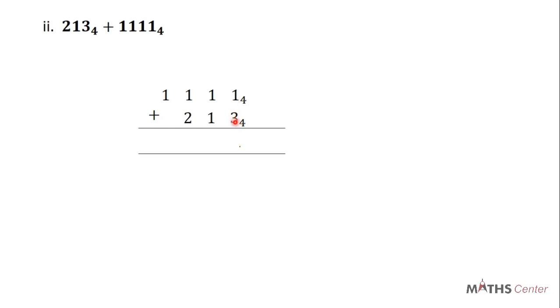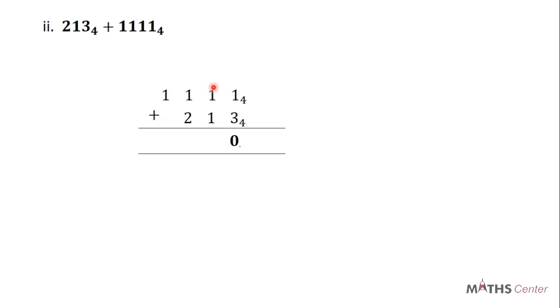We have 1 plus 3. 1 plus 3 will give us 4. 4 in base 4 is 1 remainder 0, because 4 divided by 4 will give us 1 remainder 0. So you write the remainder 0, then you carry 1 forward to this side.